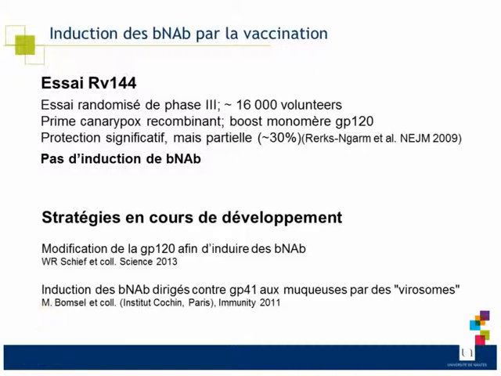So there's a prime that's intramuscular, and a boost is intranasal. So you're trying to get the secretion of mucosal antibody. You're trying to get IgA, IgG at the mucosa. This is the site of the infection. So these two are both quite promising strategies. So maybe one day we actually will get an effective HIV vaccine.